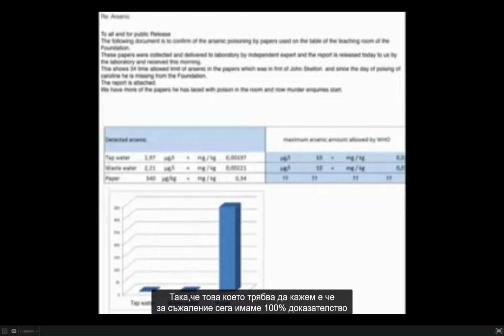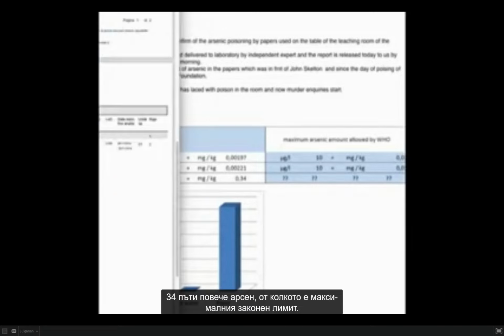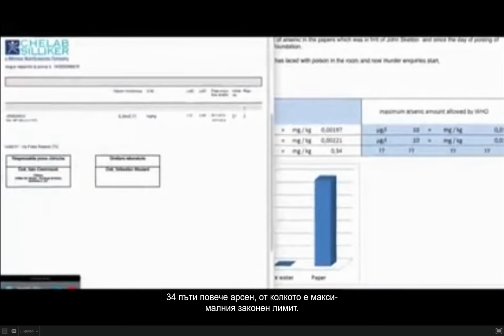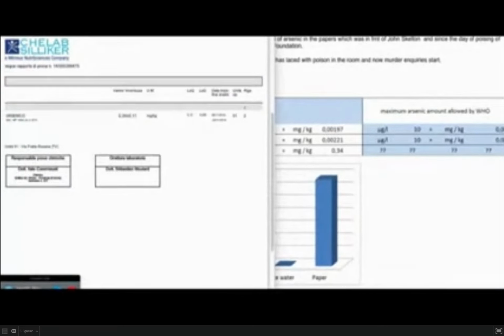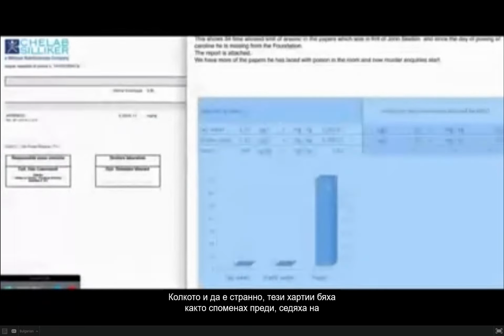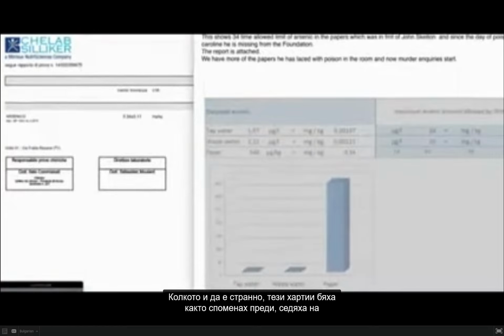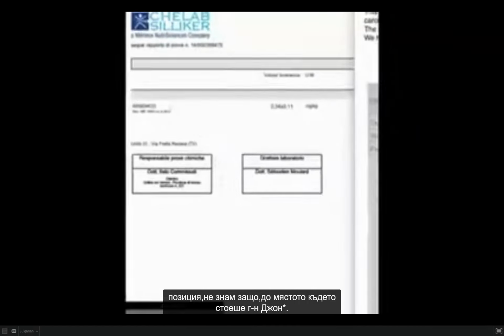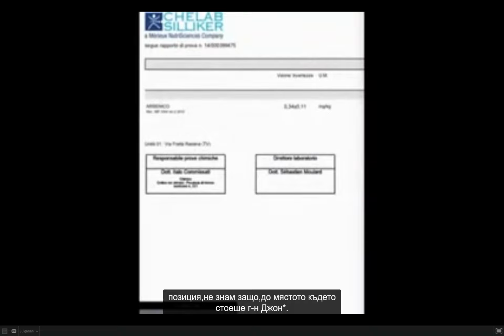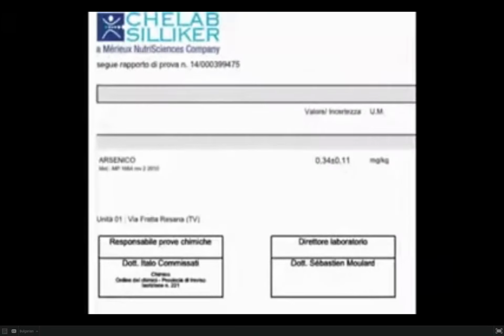Unfortunately now we have 100% proof, 34 times more arsenic than the maximum legal limit allows. And strangely enough, these papers were, as I mentioned before, sitting at the position where Mr. John Skelton was sitting.